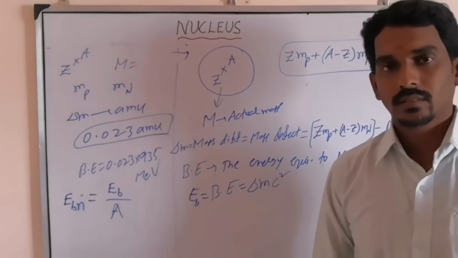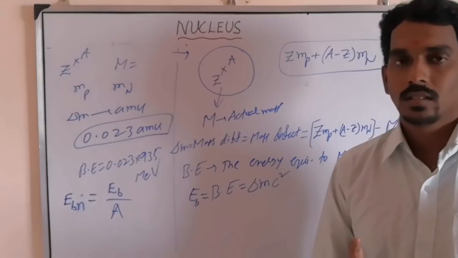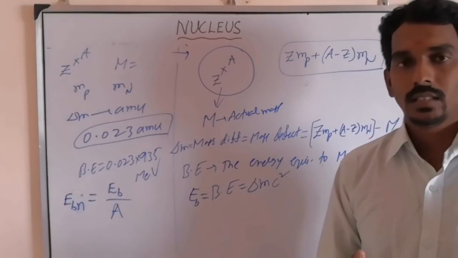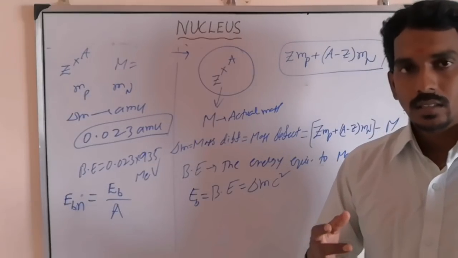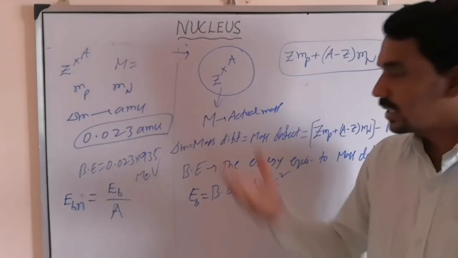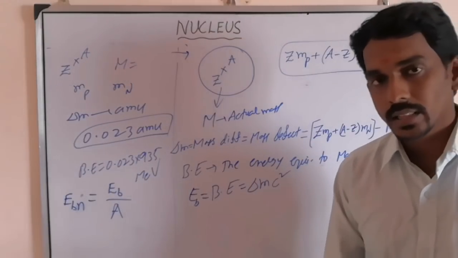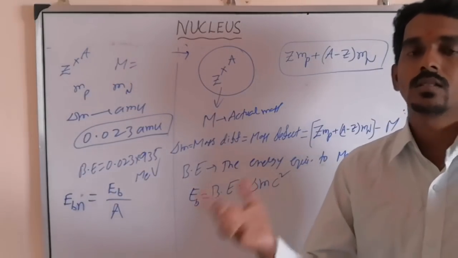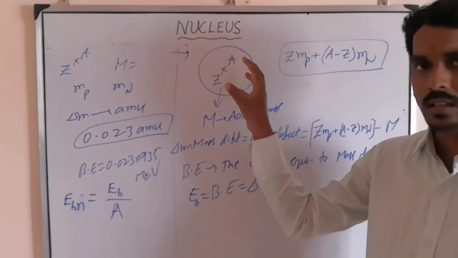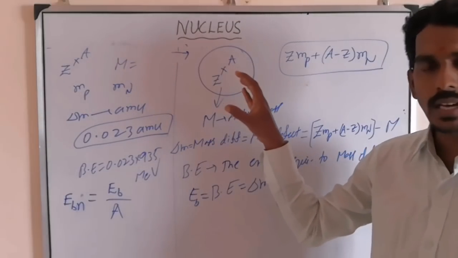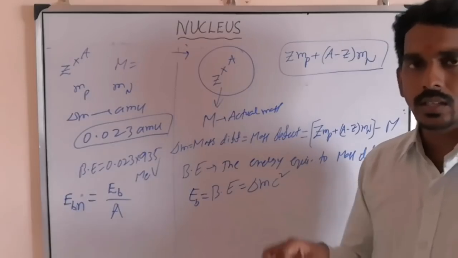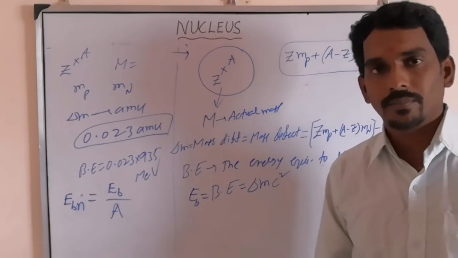Or else, the energy required to dissociate them into constituent particles. Like here it is now bound. How many are there? 10 protons, 15 neutrons. Now you want to separate them.